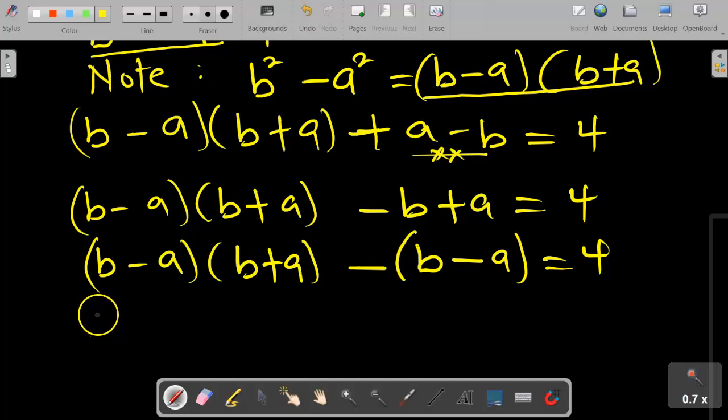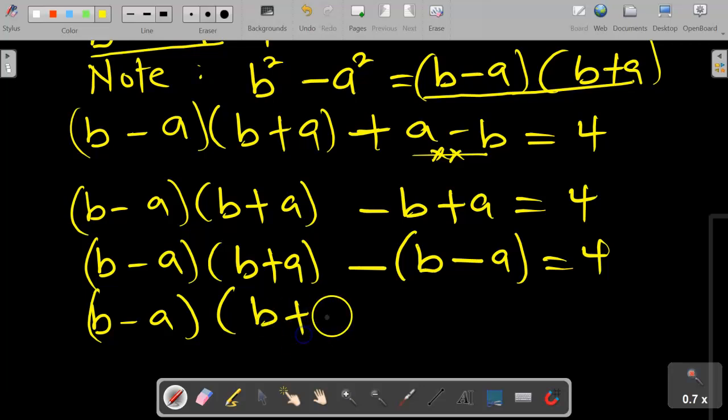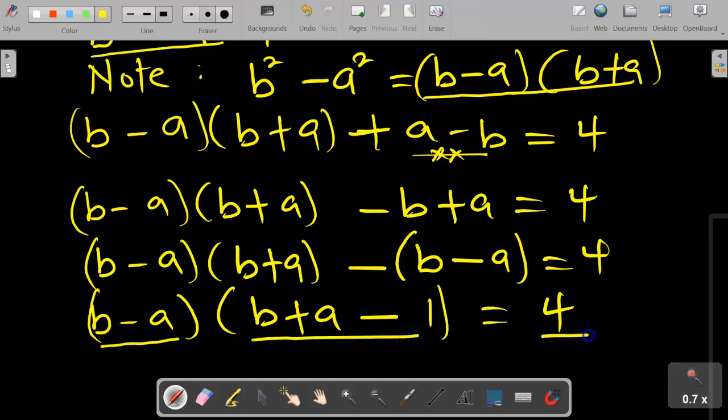So we can now factorize b minus a. I have b plus a minus b minus a divided by b minus a is 1. So that gives us 4. Now, the term here multiplies the term here to give us this.